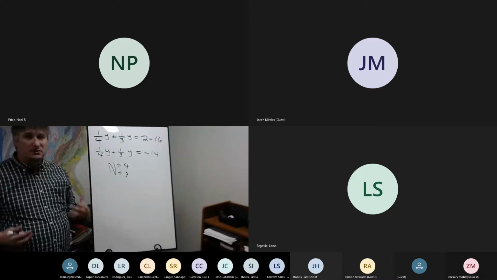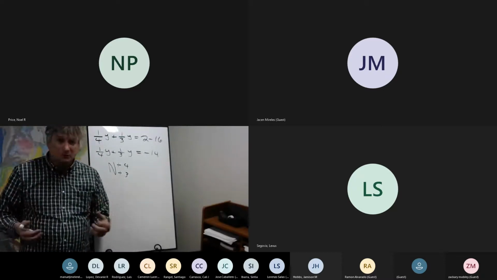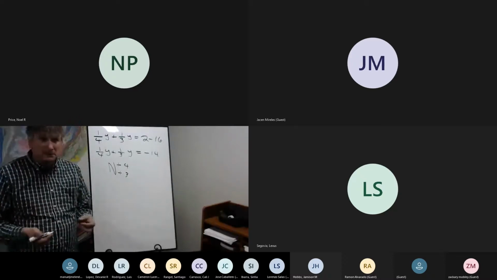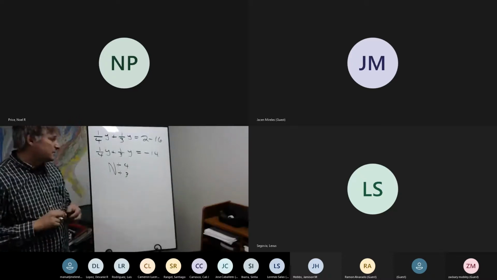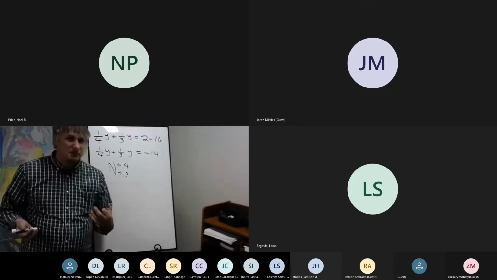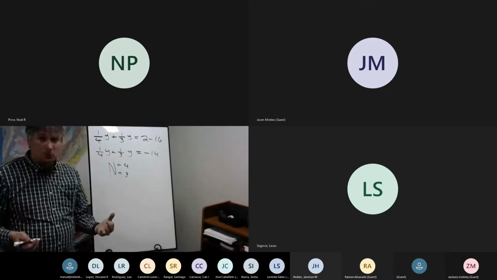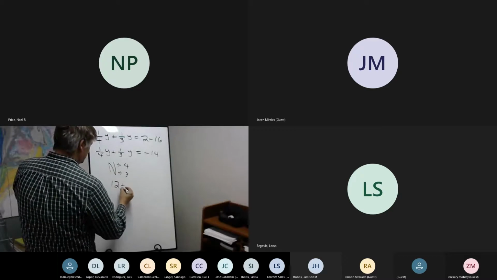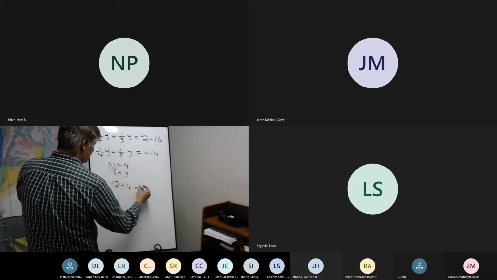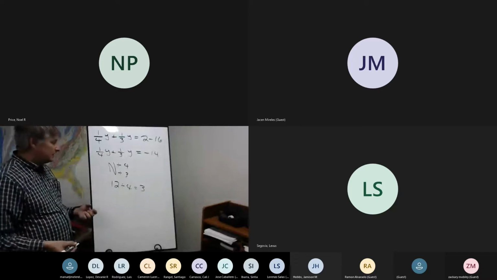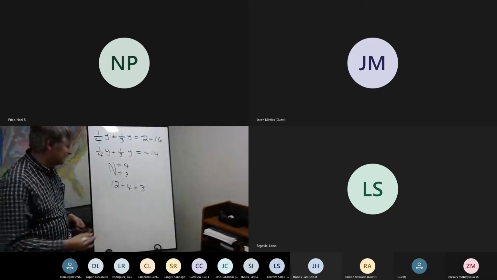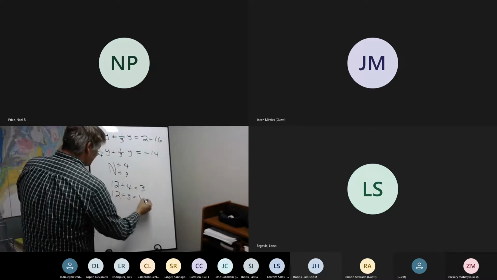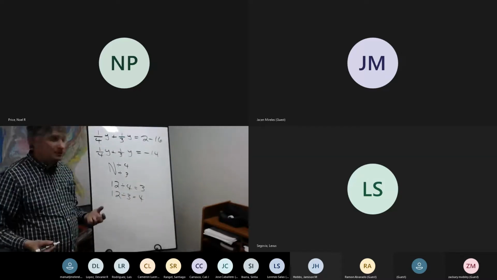And a number that does this, well, there's a bunch of numbers, like 24 will do this, 36 will do this. A number that's kind of easy to work with that will do this, 12. Because 12 divided by 4 gives you 3, and there's no remainder. Also, 12 divided by 3 is 4, and there's no remainder.